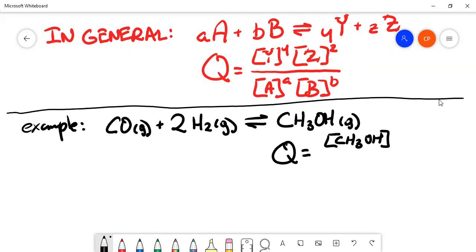Next thing you ask is, what's the coefficient in front of my product? Well, there is none. And when there's no coefficient in front of the product, the implied coefficient there is what number? 1. And so I'm going to raise everything here to the first power, which is like raising it to no power at all. Just leave it. And then what are the identities of my reactants?